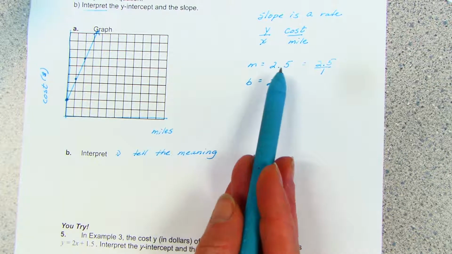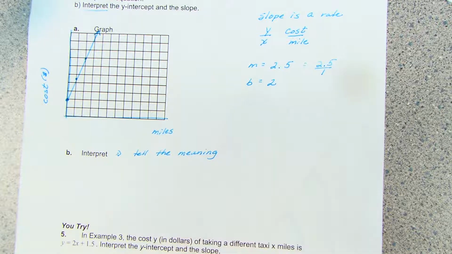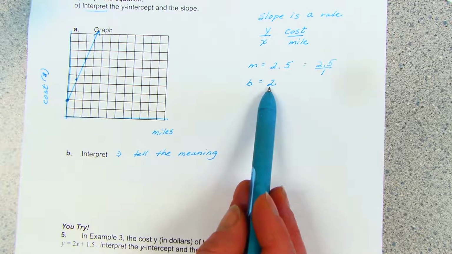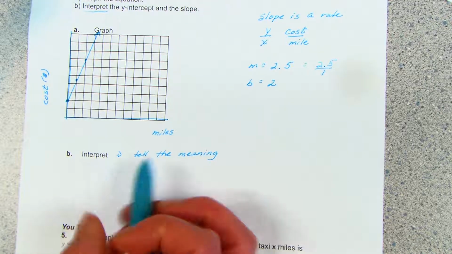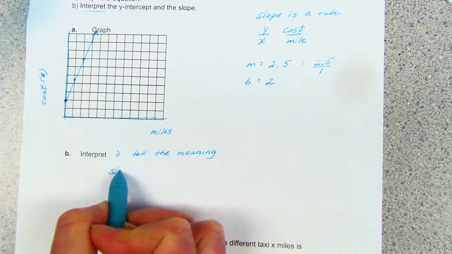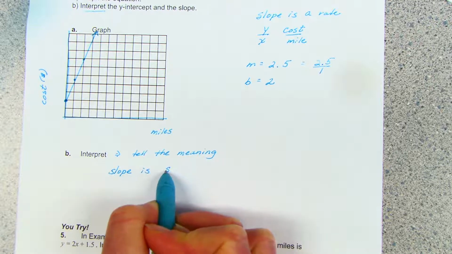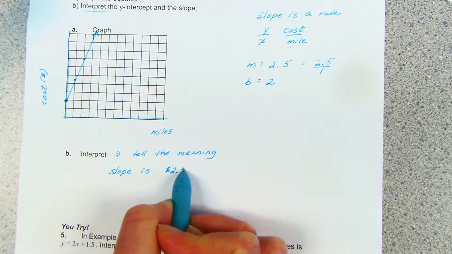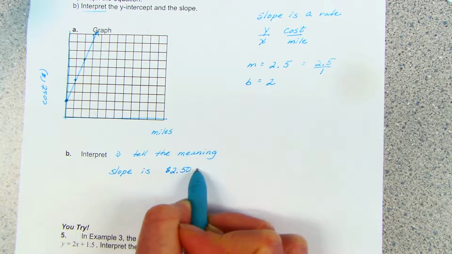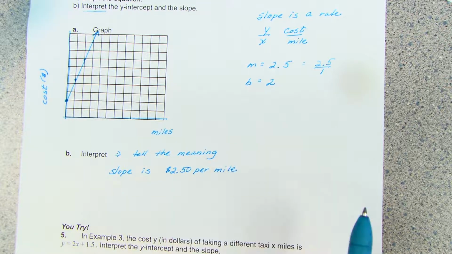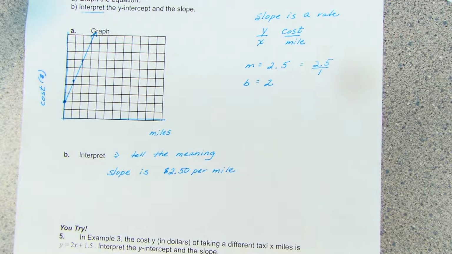Yes, the slope is 2.5, but what does it mean? Here the y-intercept is 2, but what does that mean? Well, the slope is $2.50 per mile. Does that make sense?